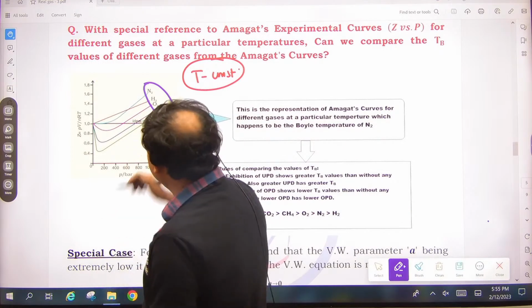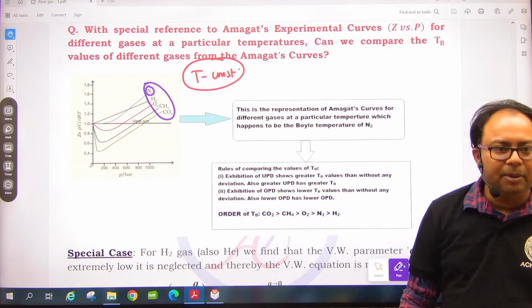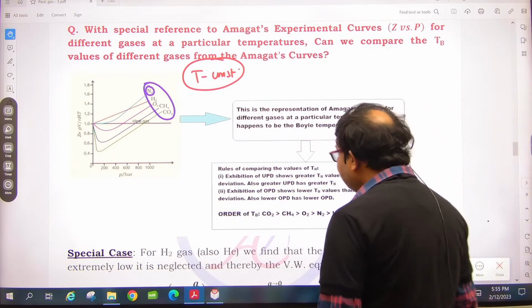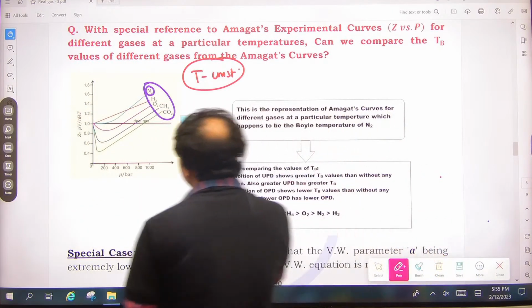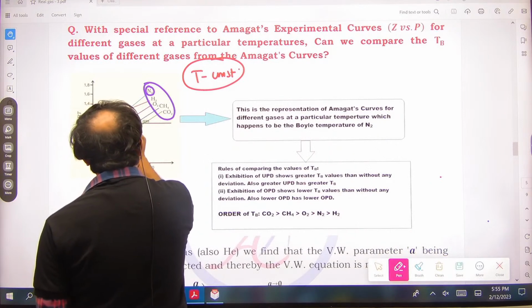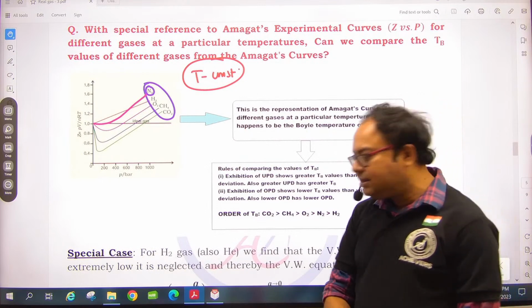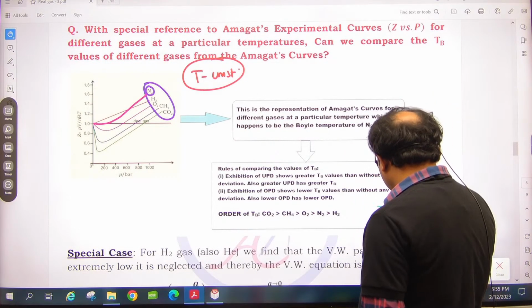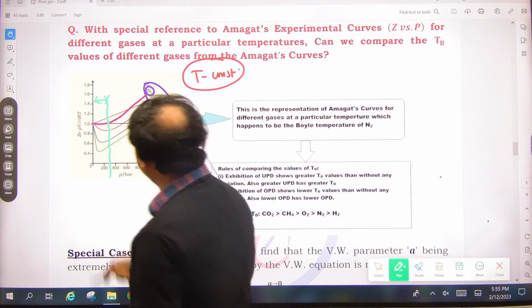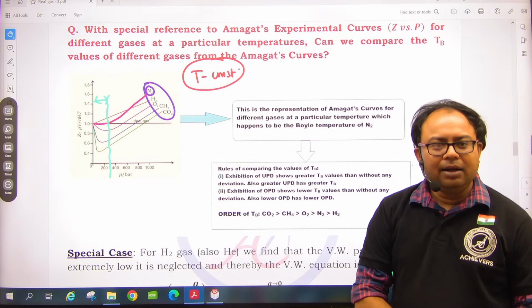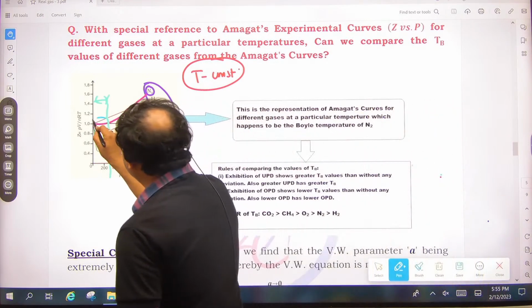We see nitrogen is showing a special type of behavior. This is the plot exhibited by nitrogen. You can see that in this low pressure region, nitrogen is not showing any deviation.